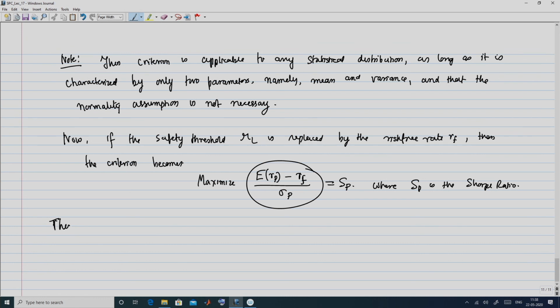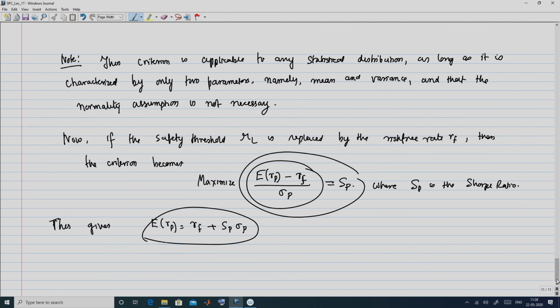E(R_p) is equal to R_f plus S_p into sigma_p. So, from this relation we get E(R_p) equal to R_f plus S_p sigma_p. So, what is this?